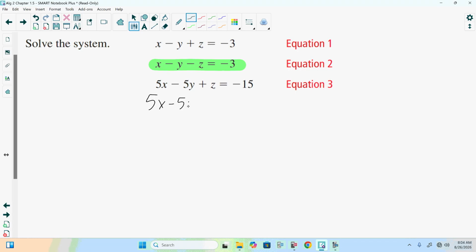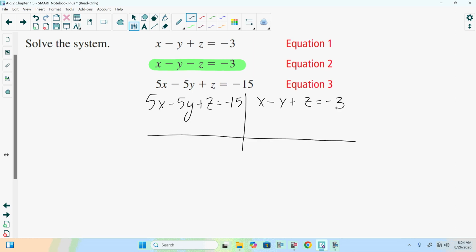So by saying which one we're using, it prevents us from using it as an eliminator equation and one of our two main equations. Because if we use it as the eliminator equation and eliminate it, we'll end up getting 0 equals 0. It will cancel itself out completely.